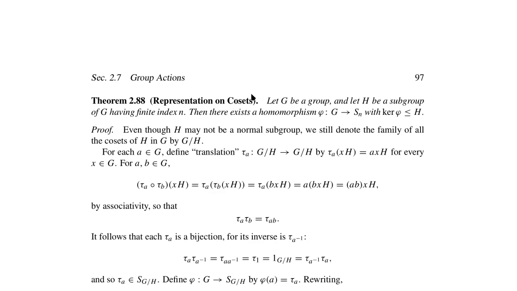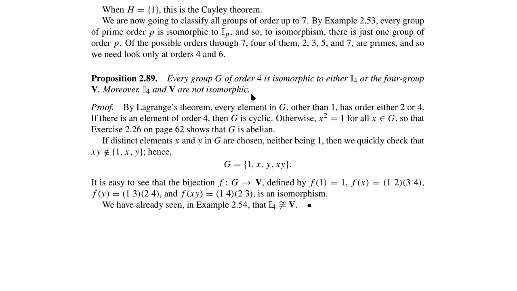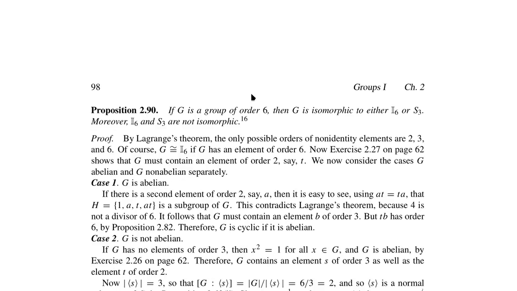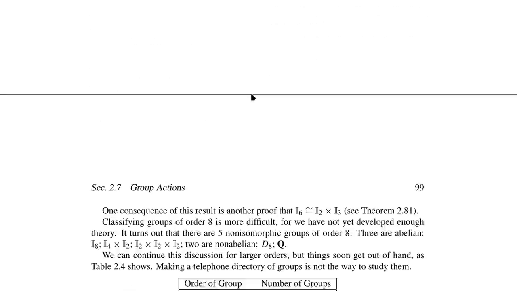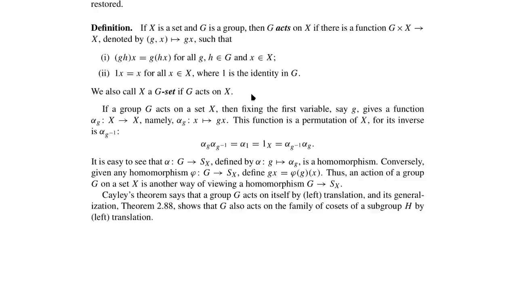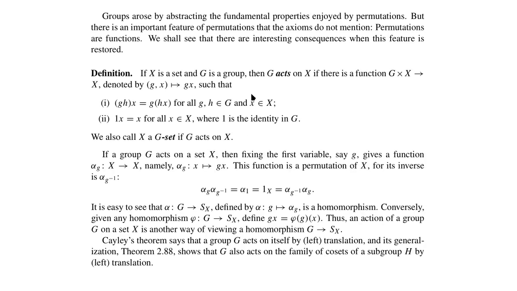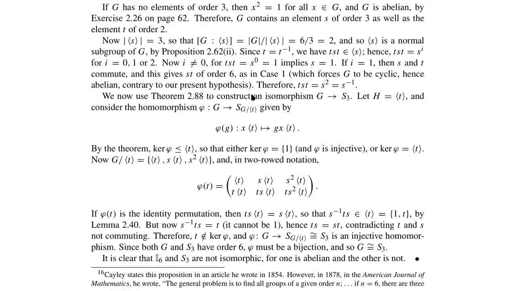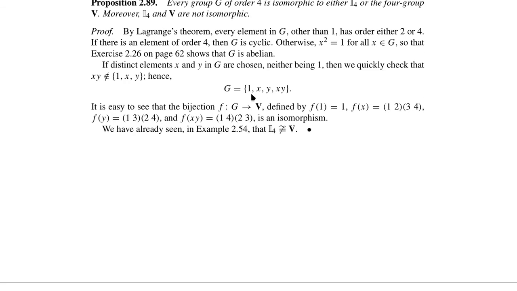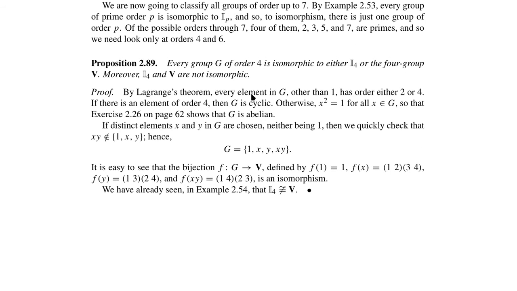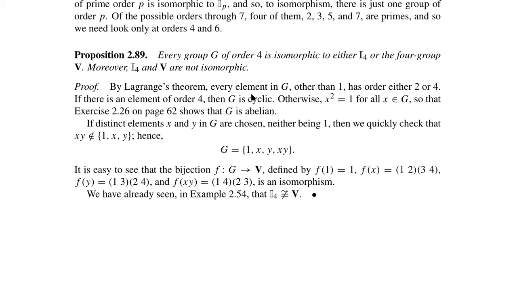So this proposition, which I'm not sure if we can go through, but we'll try. But I believe it'll be a nice exercise of dihedral groups and stuff. Let's see. So this proposition says that every group of order 4 is either isomorphic to I4.